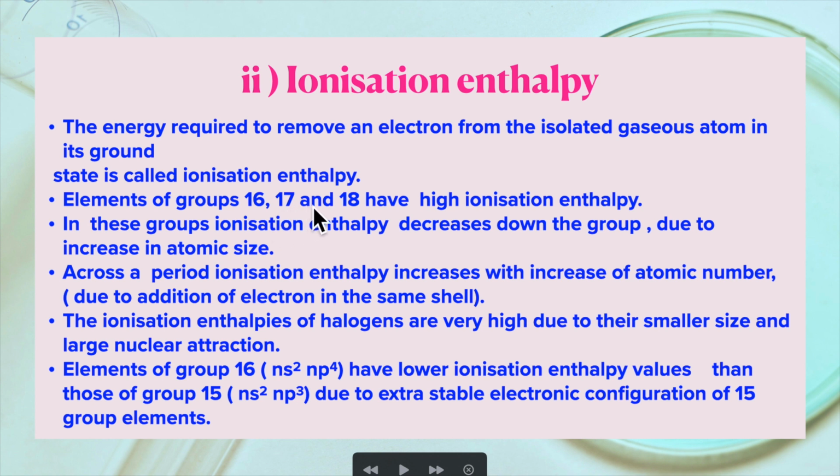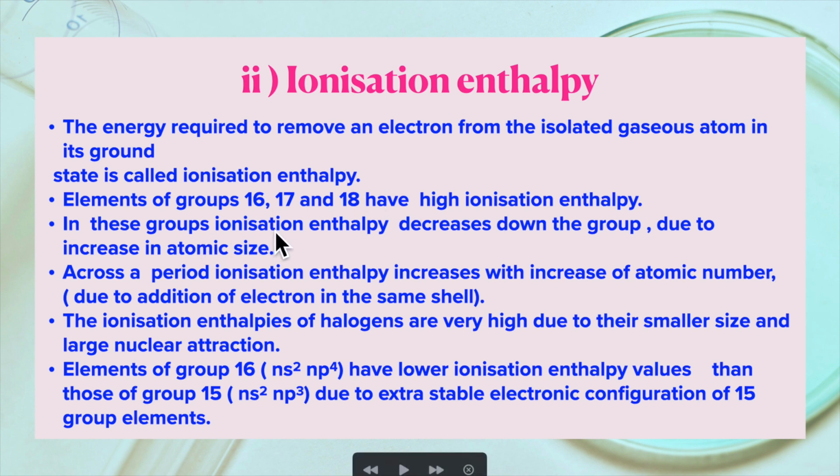As the atomic size is smaller, the ionization enthalpy will be higher, because if the size is small, the attraction between the electron in the outermost shell and the nucleus will be large, and so more energy will be required to remove the electron from the outermost shell, and so these elements have high ionization enthalpy.